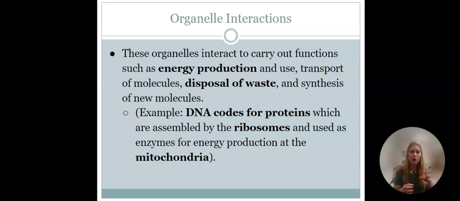DNA codes for proteins, which are assembled by the ribosomes and then used as enzymes for the production of ATP energy within the mitochondria. So there you have three organelles, the nucleus, the ribosomes, and the mitochondria, all working together almost like an assembly line in order to create ATP energy in the mitochondria.